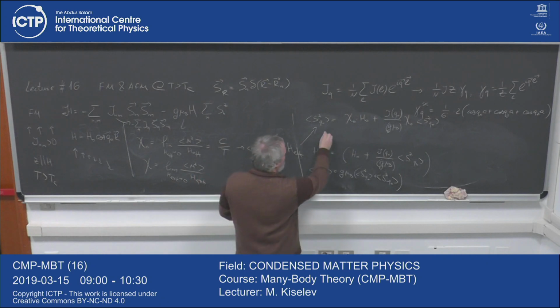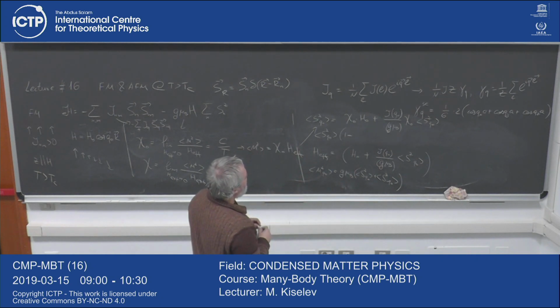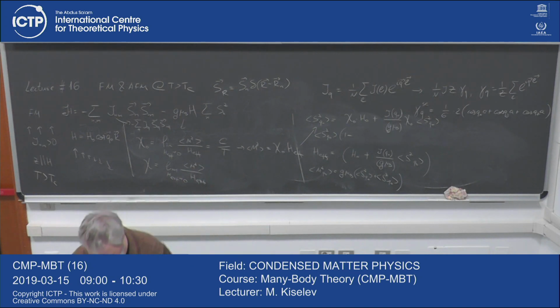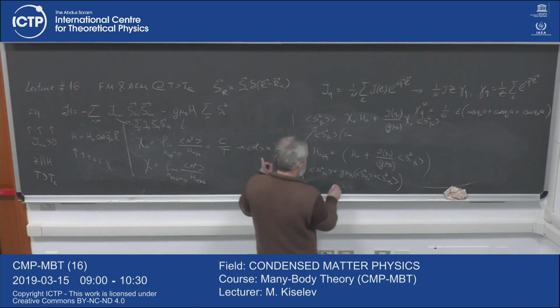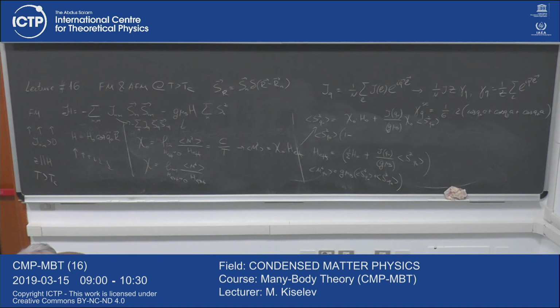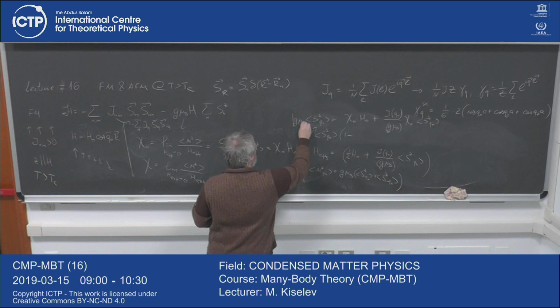So then szq node times 1 minus, let me be more careful. First of all, there is 1/2 here. This is one thing. The second thing is that this is g mu bar.